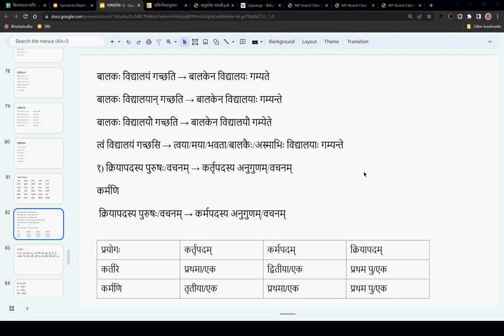So if you change that to, what does it change to? Chhatrah prashnam prichchhati. Chhatrena prashnah prichchhyate.